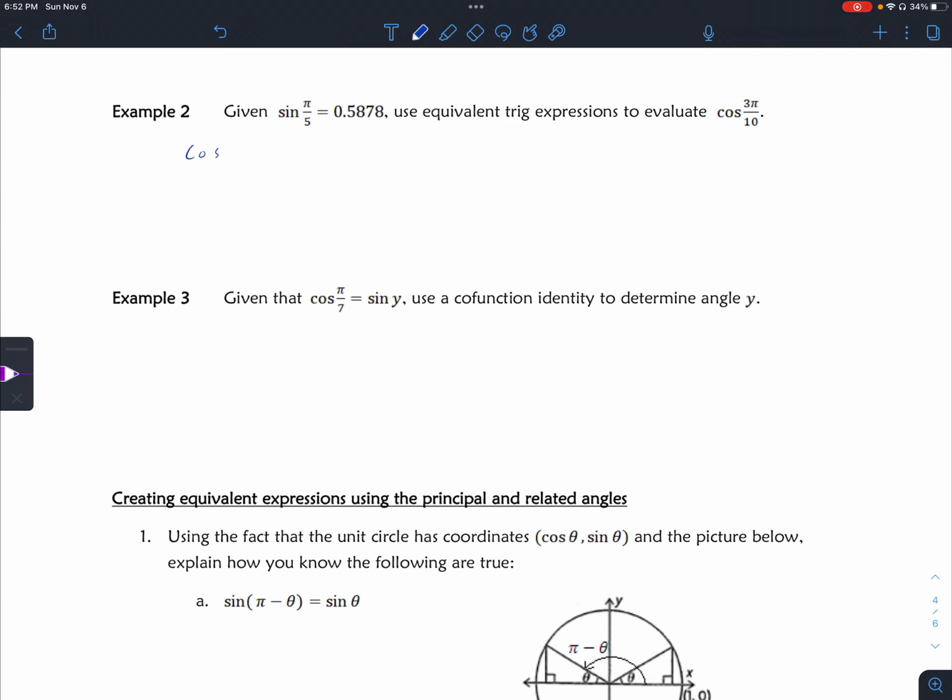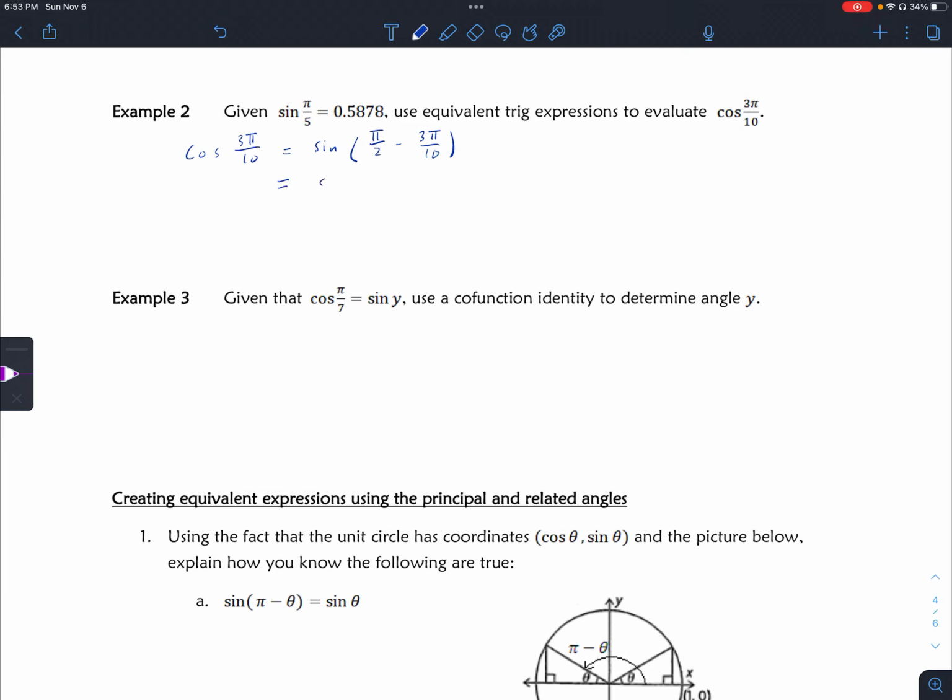So we can write this as, cosine of 3 pi over 10 is equivalent to sine of pi over 2 minus 3 pi over 10. So I'm using the cofunction identity.